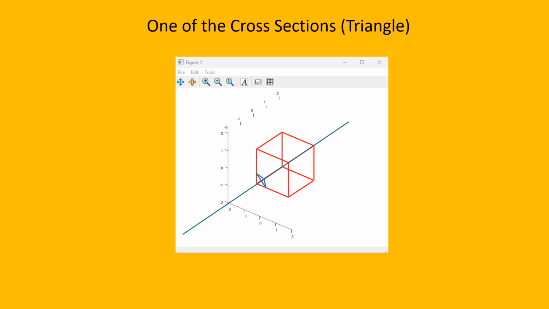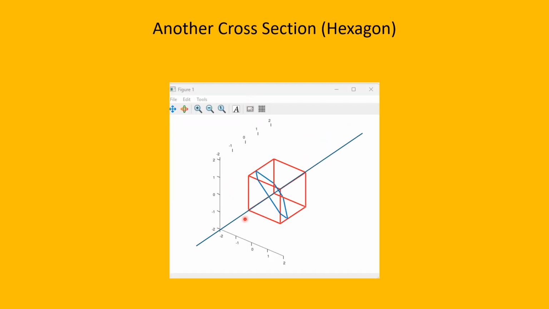If we increase the value of t so that we're looking at a point on this line L that is further along this line going from left to right, and the plane at that point, perpendicular to that point, intersects the cube, we could get a hexagon shown here, so that's a possibility too.